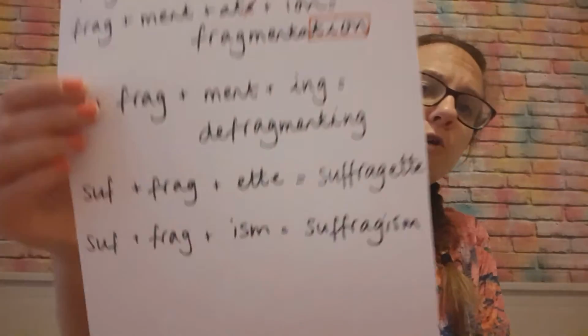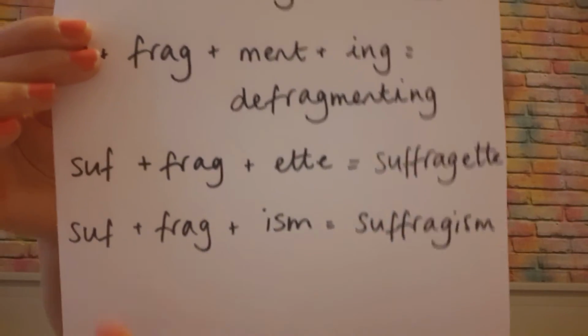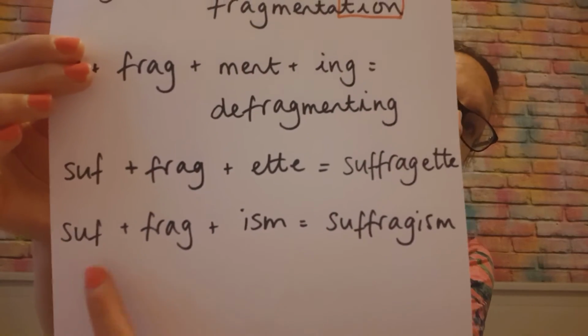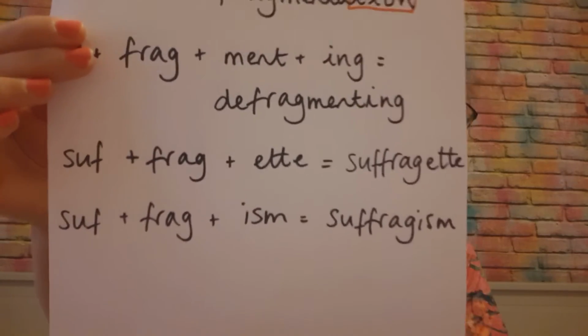So it's a rising up against the establishment, or breaking underneath. That suff comes from sub, meaning underneath, so low. If you think about it, the suffragettes were considered lower, weren't they? And they wanted to change that.